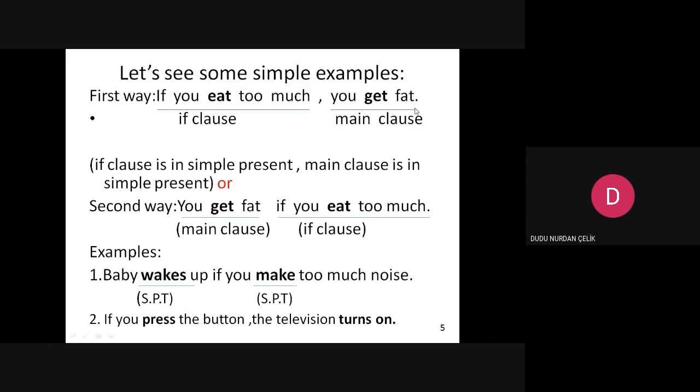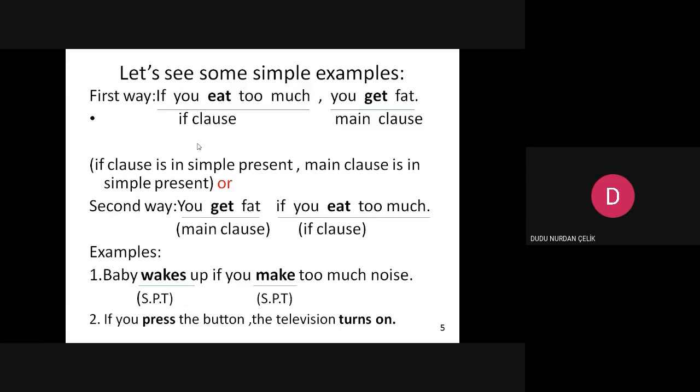We use if in this sentence, so this is the if clause, and this is the main sentence, the main clause. Both eat and get verbs are in present simple.